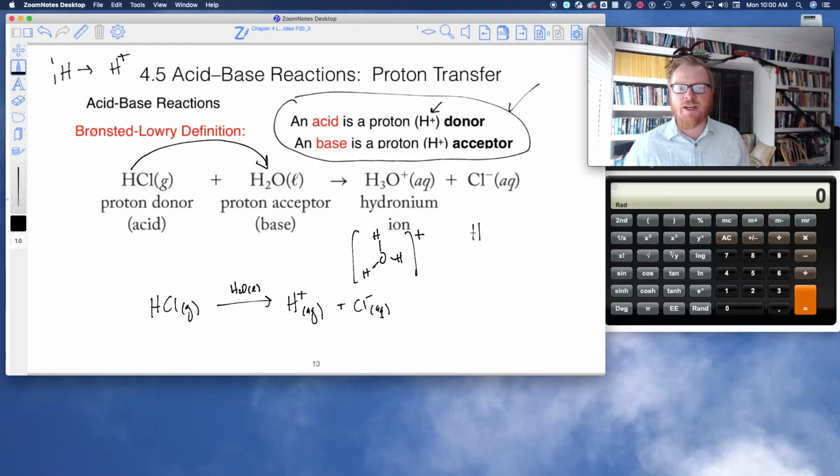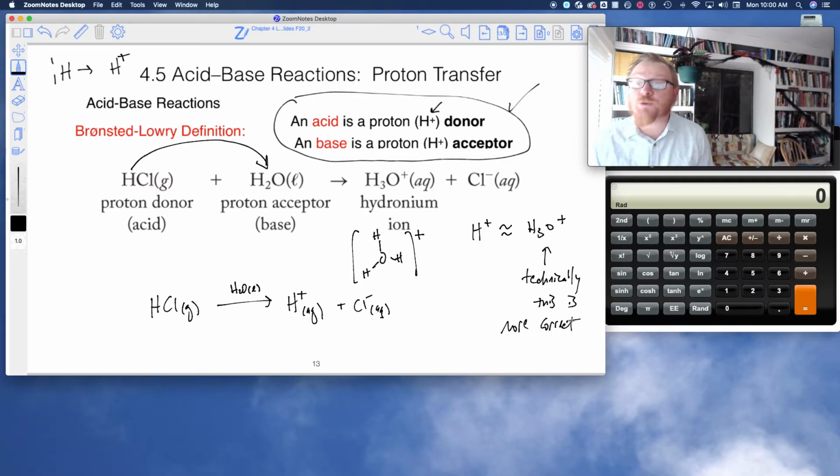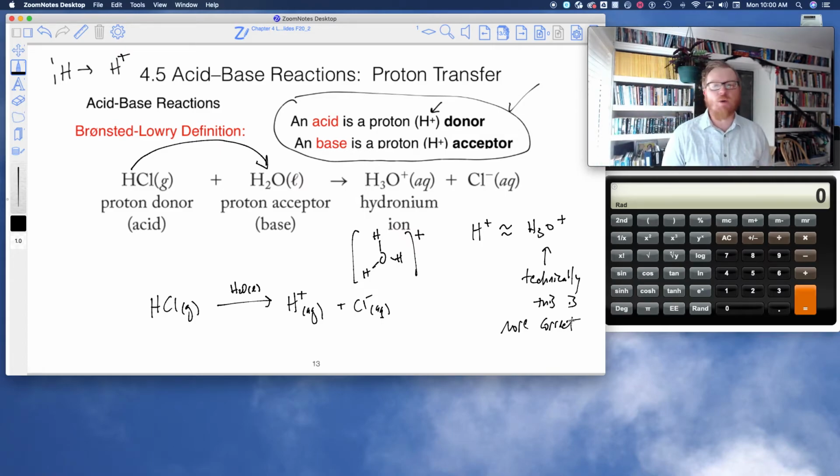And in chemistry, this H+, I'm going to put kind of an equals sign. We often say that the H+ is synonymous with the H3O+ because technically, this is more correct. That's what's really going on in an acid, okay? It's not just a bunch of free protons floating around, okay?